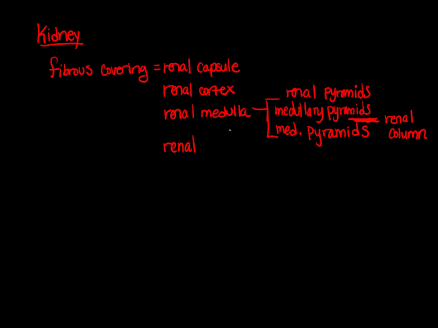But it will collect it in structures called papillae, renal papillae, and then they will collect the urine and route it to minor and major calyces, which will then route the urine to the renal pelvis.